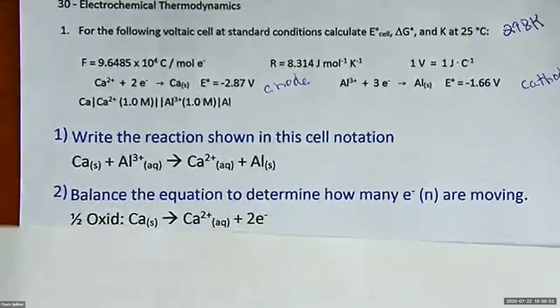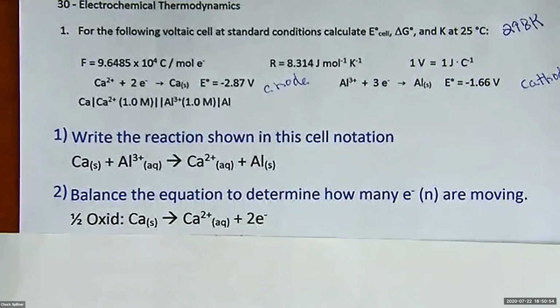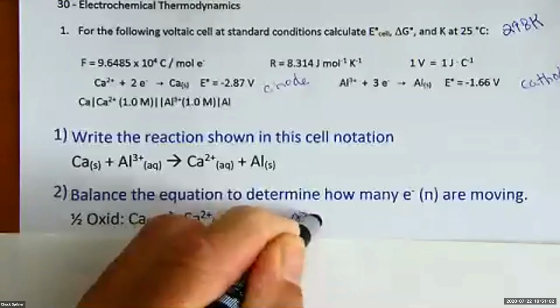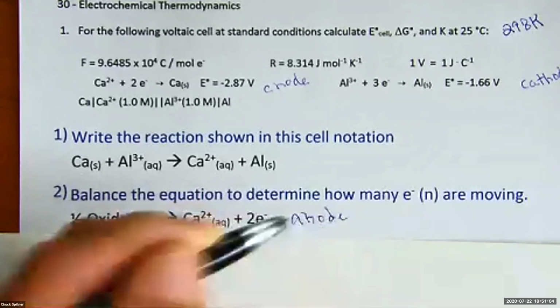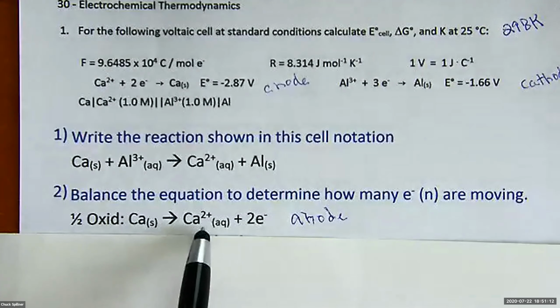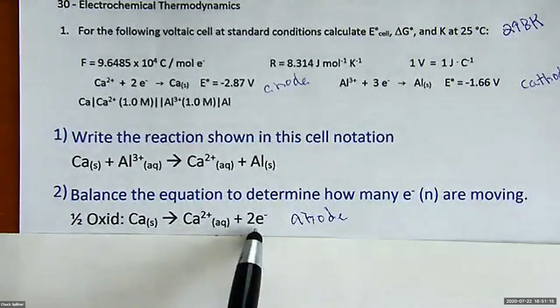So we have to split it back into half reactions that are occurring. So the half reaction at the anode, this is the anode, oxidation at the anode, is calcium going to calcium ion plus 2 electrons. So right away, we know that to form a calcium 2+, we've had to lose 2 electrons.